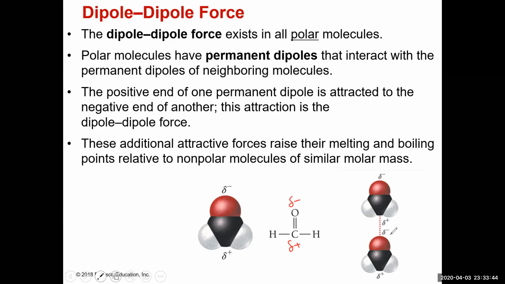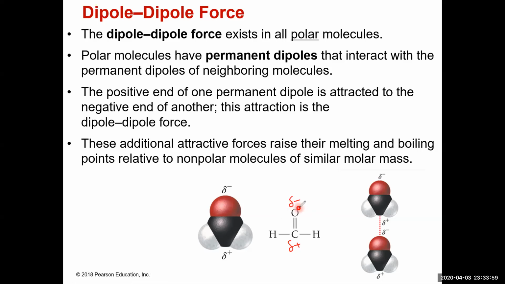These additional attractive forces will raise their melting and boiling points relative to the nonpolar molecules of similar molar mass. So if we have a molecule of a similar molar mass to this molecule that's shown here, but the other molecule does not have dipole-dipole forces, that means that the only force that it does have is the dispersion force, whereas this molecule here has the dispersion force as well as the dipole-dipole force.